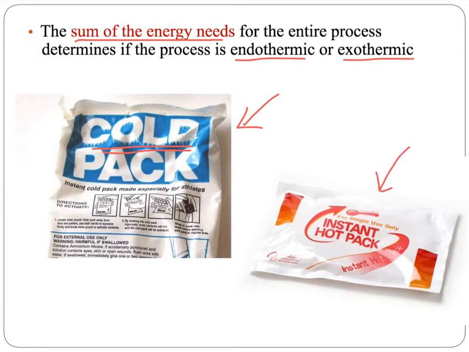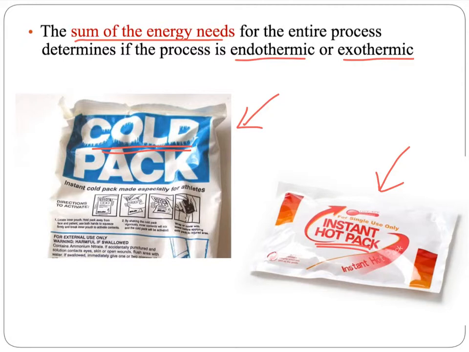The opposite is true for the hot packs. There is an endothermic step as the solute particles move apart, and another endothermic step as the solvent particles move apart. But when they snap together, they give off so much energy that you end up with a hot process at the end.